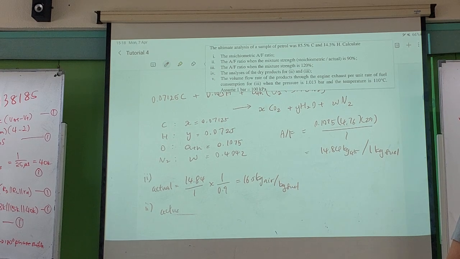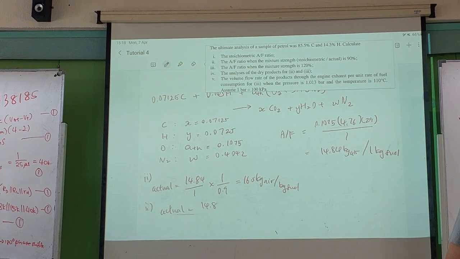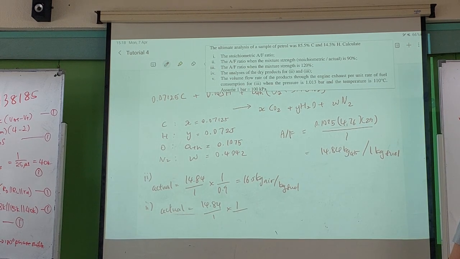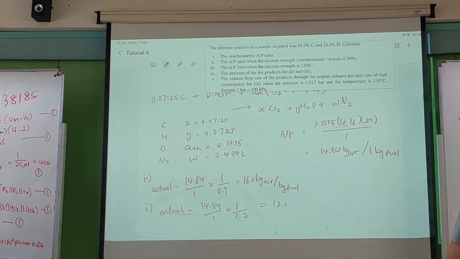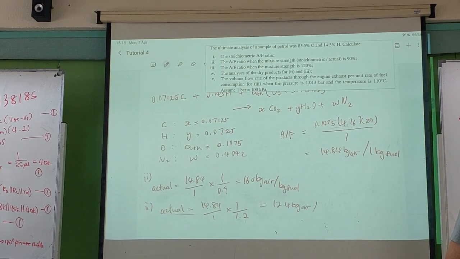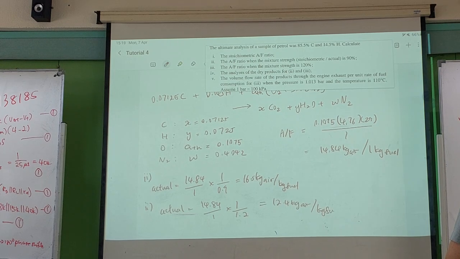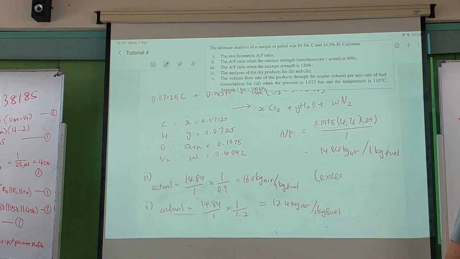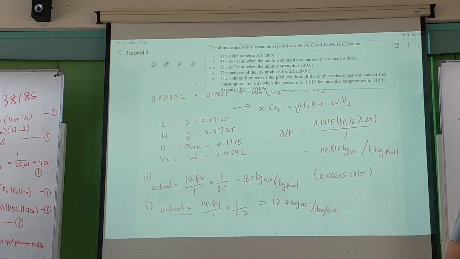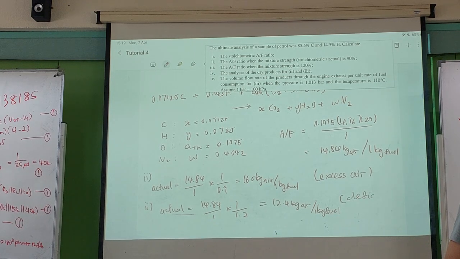Then the other one just do the same thing. So this one you have excess air, or the bottom one you get efficiency of air.